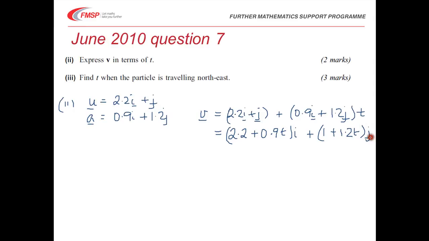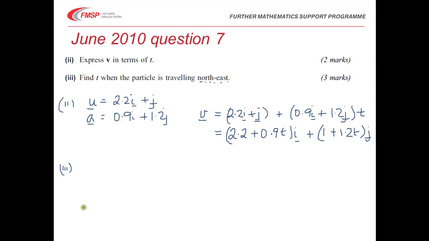Now either of those answers will be sufficient for part 2, but we do need this answer when we come on to the third part.